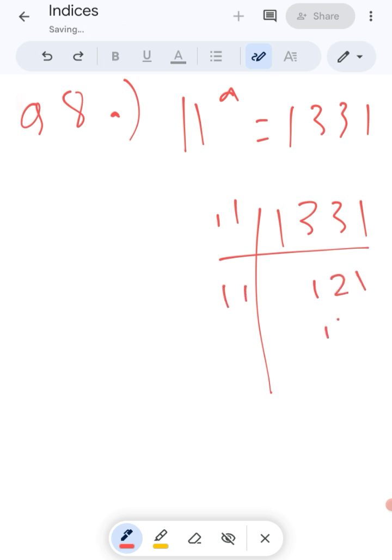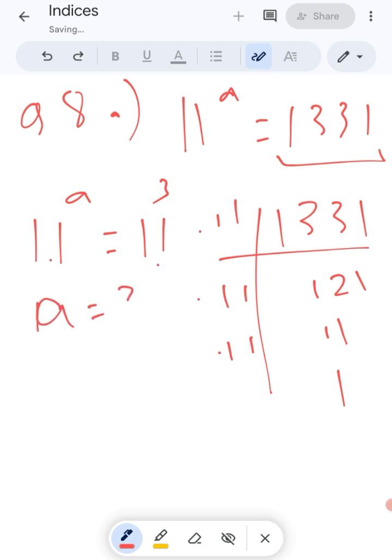Now 11 multiplied by 11 is 121, and 11 multiplied by 1 is 11. This means 3 times of your 11. So 11^A is equal to 11 cube is 1331. Now as the bases are the same, I can simply put my answer like this. A is equal to 3.